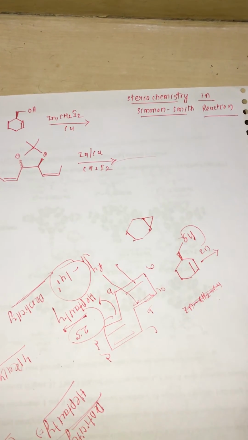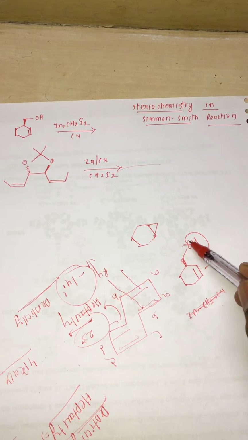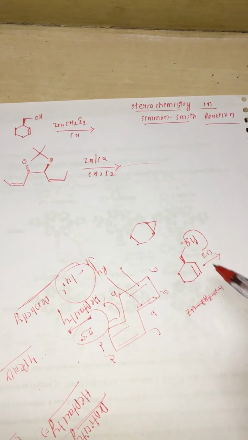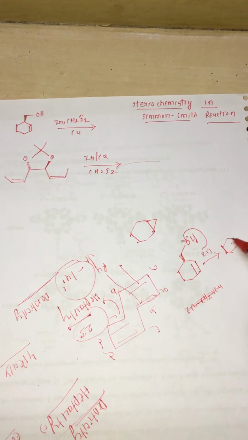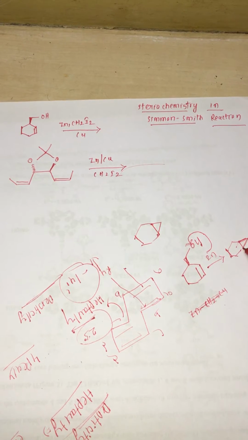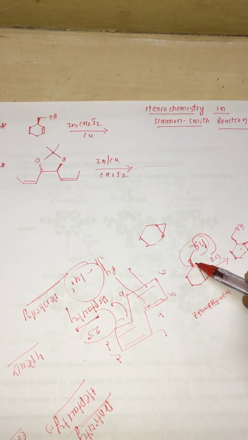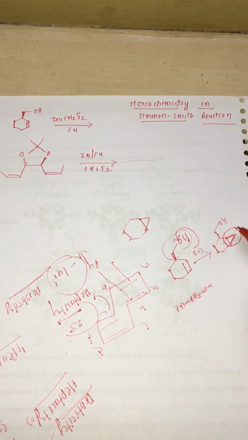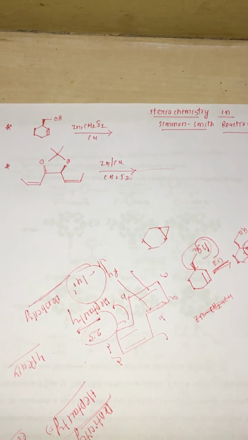Since zinc is coordinating to the atom of the polar group present in the compound, the cyclopropane formation also takes place on the same side where the polar group is present. Since it's present above the plane, the cyclopropane formation also takes place above the plane only, because zinc is coordinating with this oxygen lone pair.